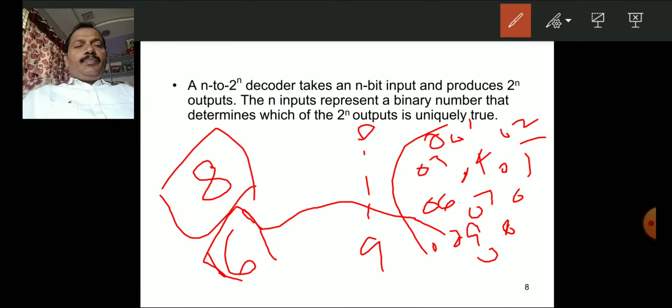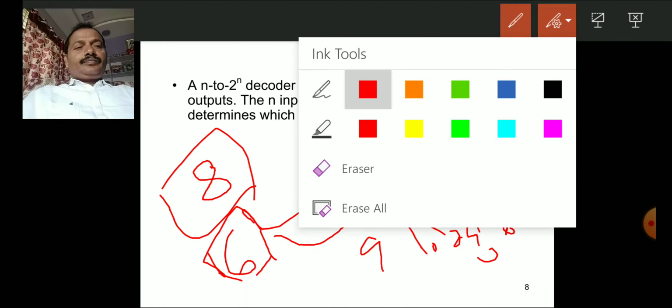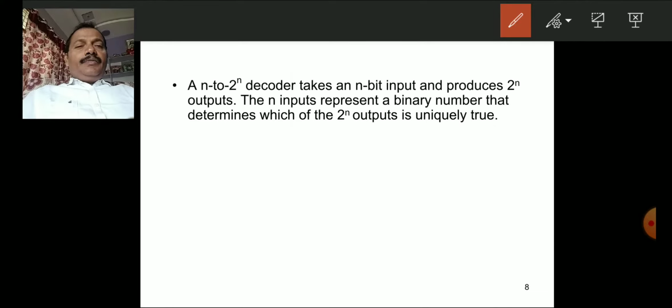This is like a postman selecting houses with the help of house numbers. That means with decimal numbers, one digit can detect 10 houses. And for example, with the help of two digits, how many houses can be detected?